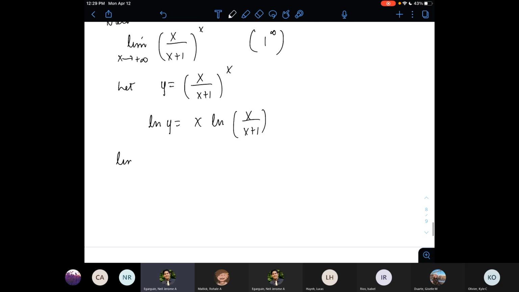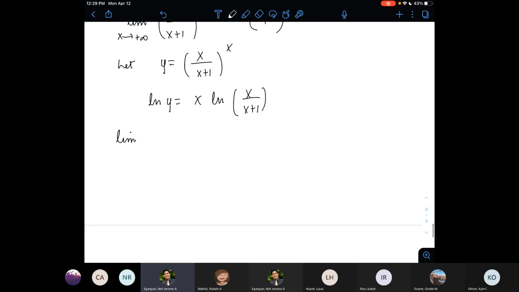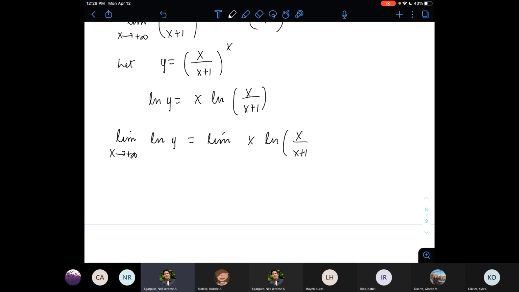Then when I take the limit of ln y as x approaches infinity, I get the limit of x times ln of x over x plus 1 as x approaches infinity. This would be infinity times ln of 1, right? This goes to 1, ln of 1 will go to 0, so we'll have infinity times 0, which is indeterminate.